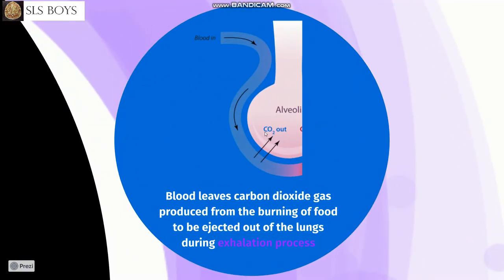First, the carbon dioxide gas goes out from the blood, where the blood leaves carbon dioxide gas produced from the burning of food to be ejected out of the lungs. This happens in the exhalation process. So burning of food produces carbon dioxide and the carbon dioxide is expelled out in the exhalation process.